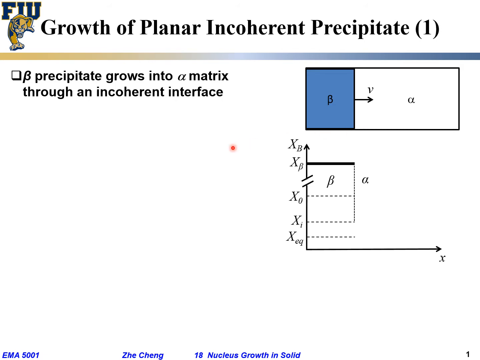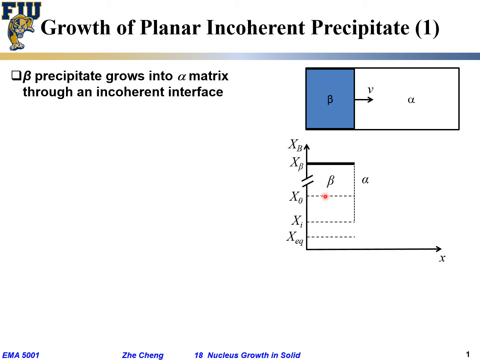Okay, and the following plot shows concentration with respect to location, and within the beta precipitate, the concentration is constant at x beta.